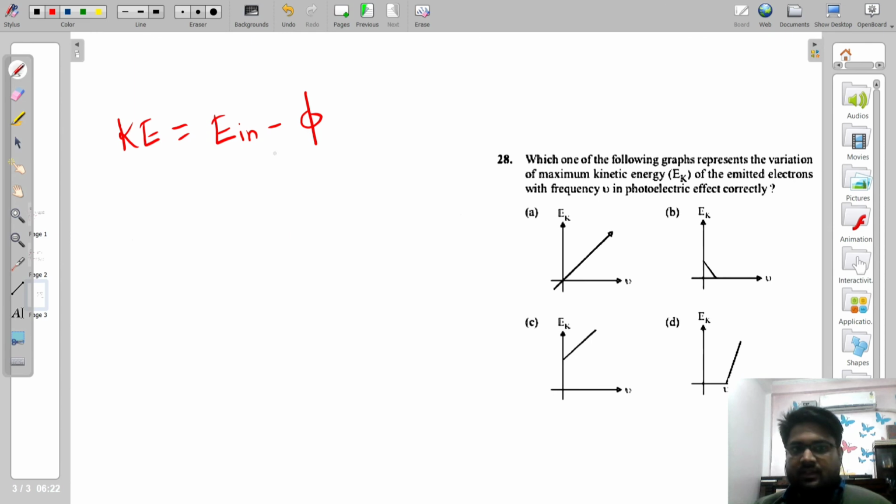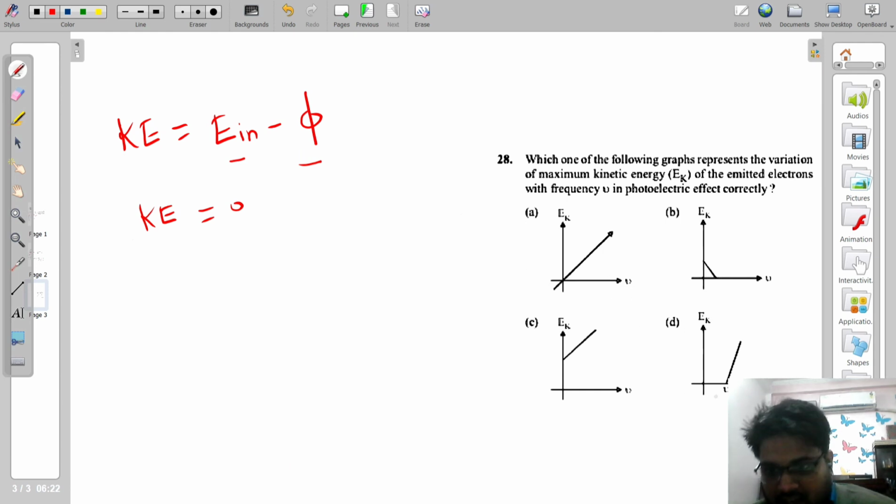So if the energy incident is less than the work function, or if the frequency of the incident energy is less than the threshold frequency, then kinetic energy will be 0, right? So till threshold frequency the kinetic energy will be 0.